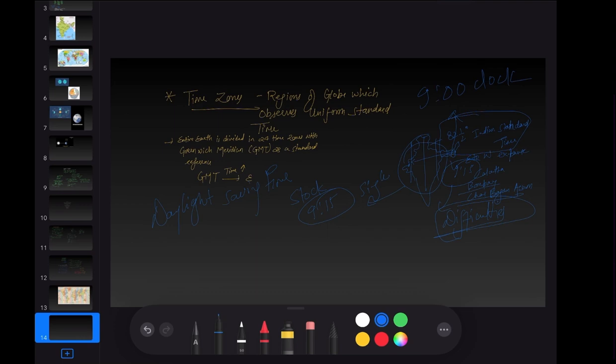So for them 9 o'clock is earlier than for us. They start their work at 9 o'clock because as the sun rises, temperature increases and work efficiency decreases. So people prefer to work early in the morning in the chai bagans of Assam. So this is daylight saving time, where they shift their clock by 1 hour or some time. This daylight saving time is mainly practiced in temperate countries.